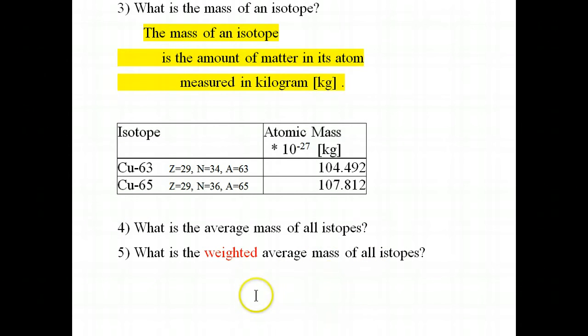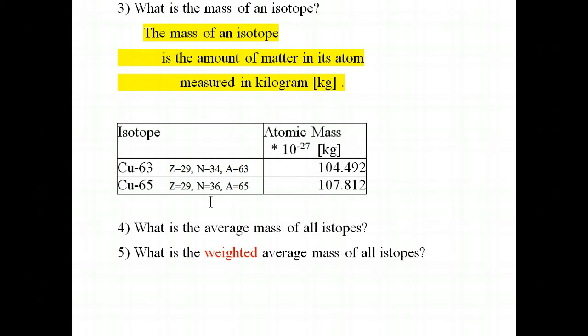Here we have two isotopes of copper, copper-63 and copper-65, Cu-63, Cu-65. Both of them have an atomic number Z of 29, but one has a neutron number of 34 and the other has a neutron number N equals 36.